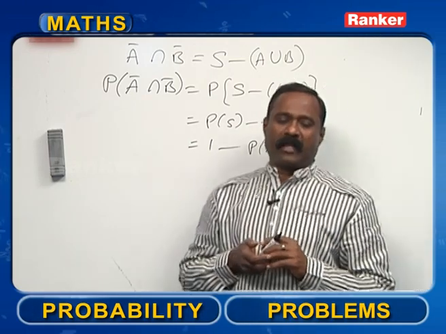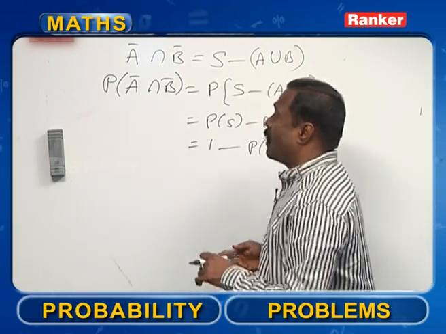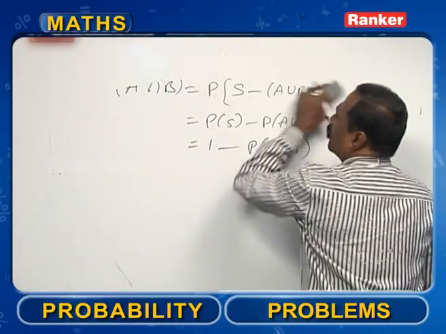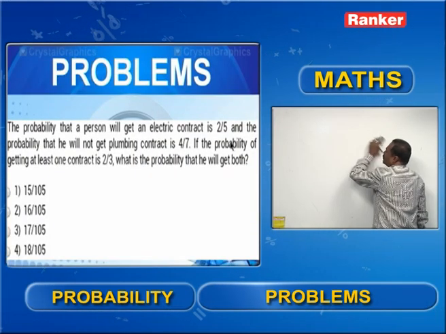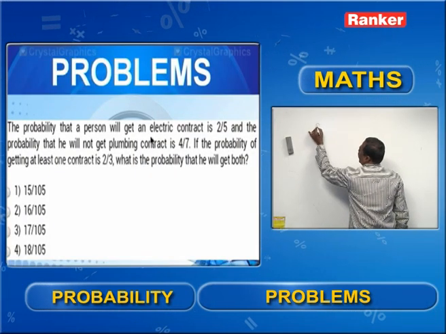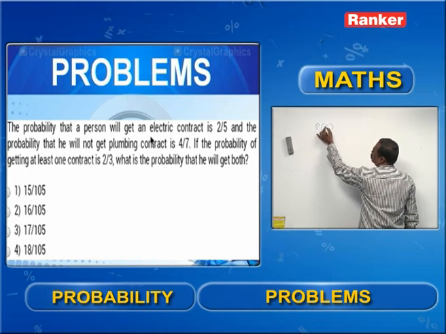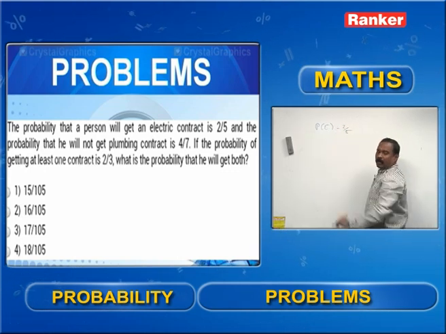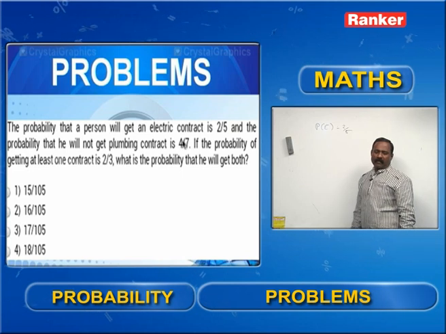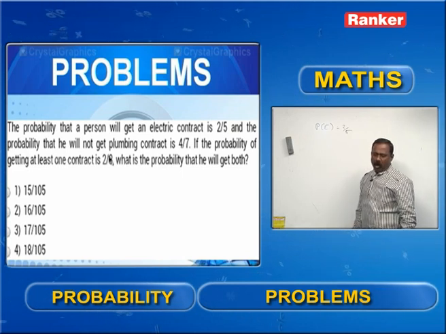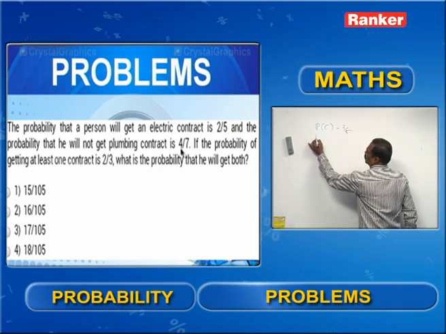The probability that a person will get an electric contract is 2 by 5. Let me say electric contract as E. Next, the probability that he will not get a plumbing contract is 4 by 7.